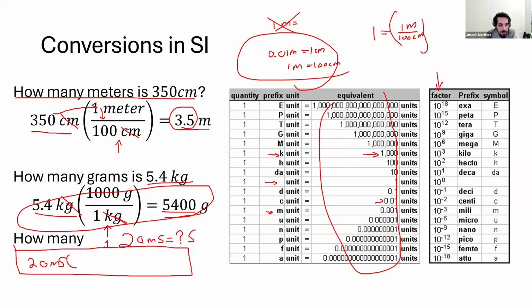So what is that going to be? That's 1 second is equal to 1,000 milliseconds. You just do 20 divided by 1,000, the milliseconds cancel out, and you're left with what? 0.02 seconds. 0.02 seconds is 20 milliseconds.